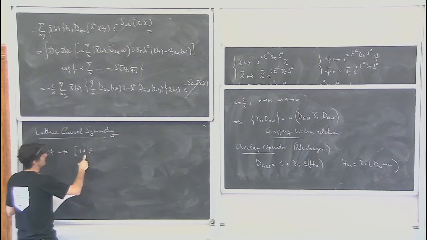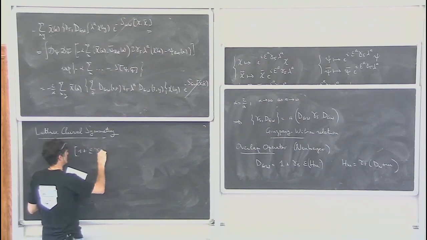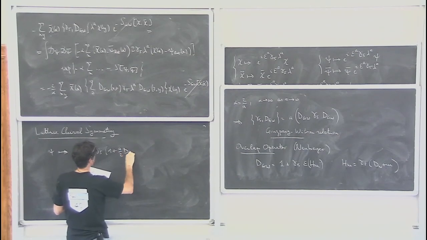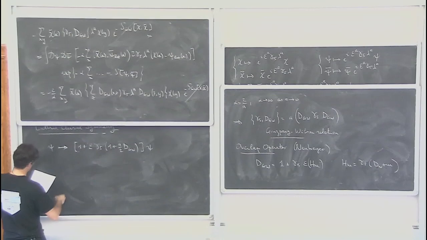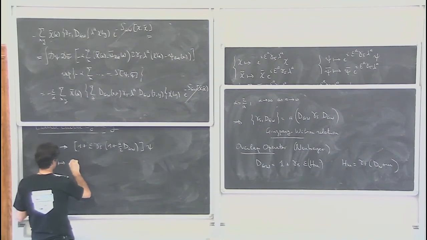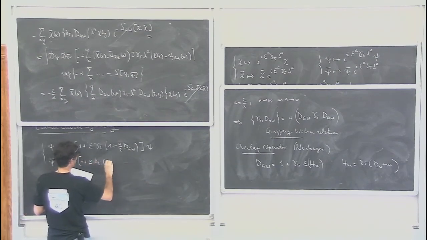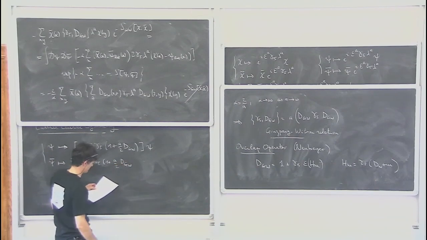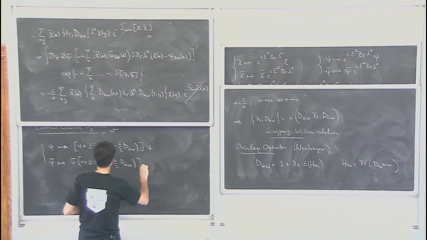Okay, so I write this in the infinitesimal form. Okay, psi goes to 1 plus epsilon gamma 5 times 1 minus a over 2 dGW psi, and the same for psi bar, with the corresponding factor, epsilon gamma 5, yeah, like this.